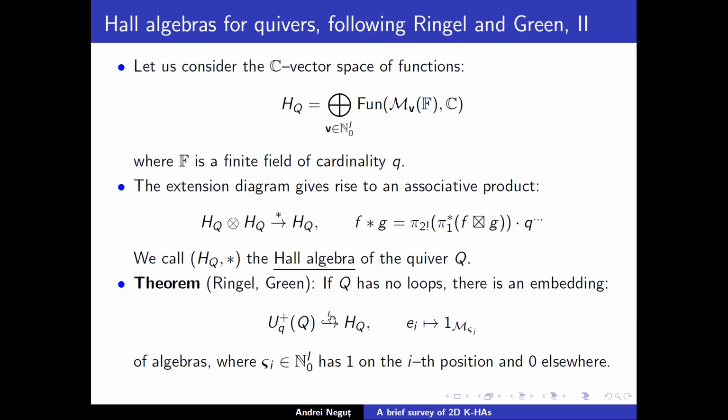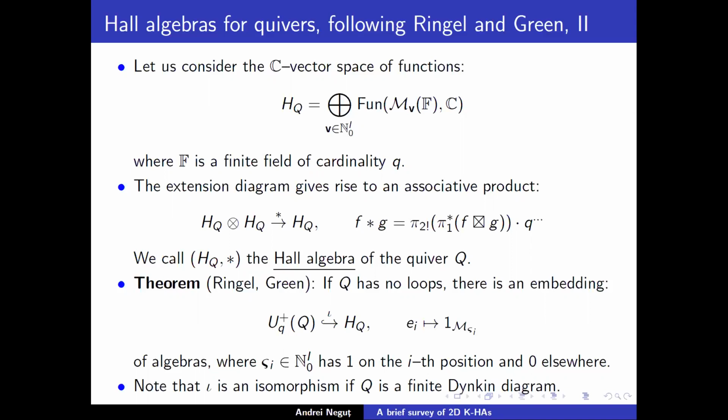And if you do that, the theorem says that this assignment extends to an algebra homomorphism, which is injective. So basically what this means is that the defining relations between the EIs in the quantum group are satisfied by these indicator functions in HQ. That's basically what this is saying, and that is a check which one can do. I think it's quite a doable and very useful exercise.